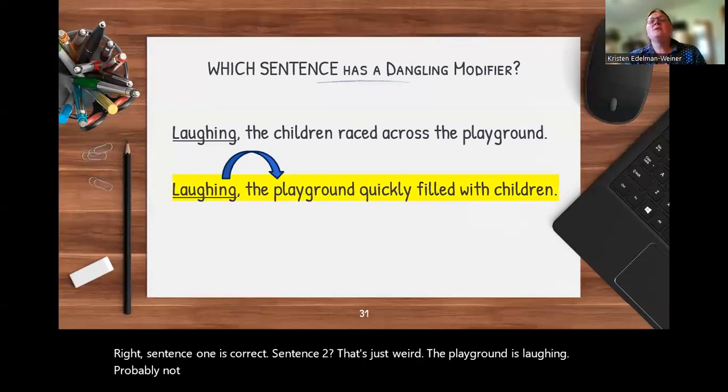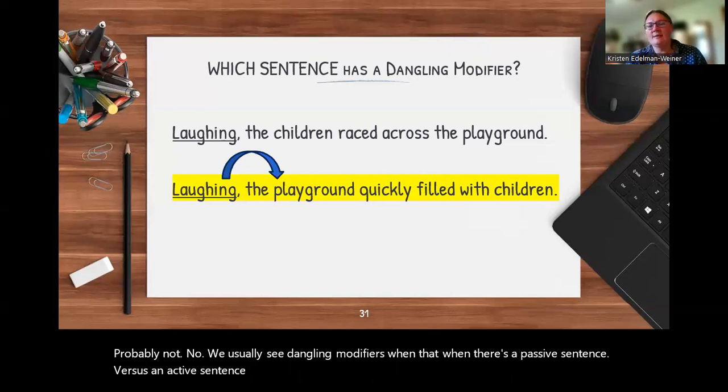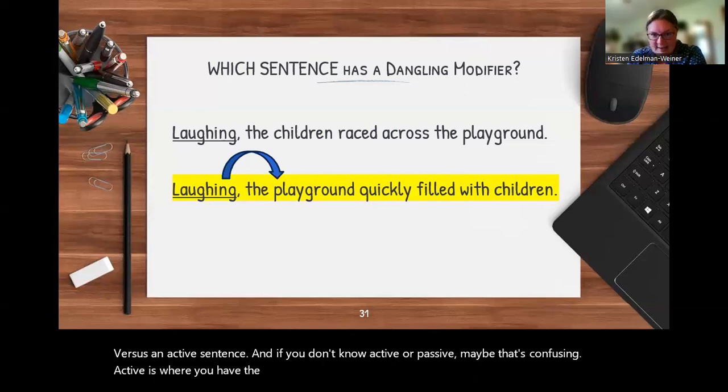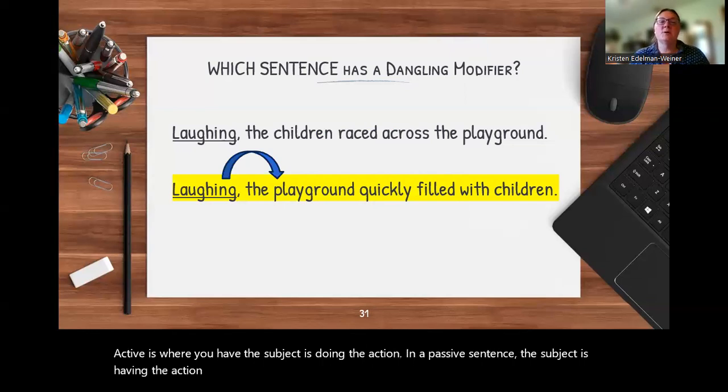Nope. We usually see dangling modifiers when there's a passive sentence versus an active sentence. And if you don't know active or passive, maybe that's confusing. Active is where the subject is doing the action. In a passive sentence, the subject is having the action done to them. So the playground doesn't do anything.